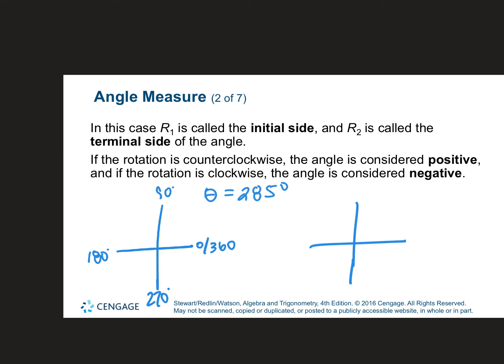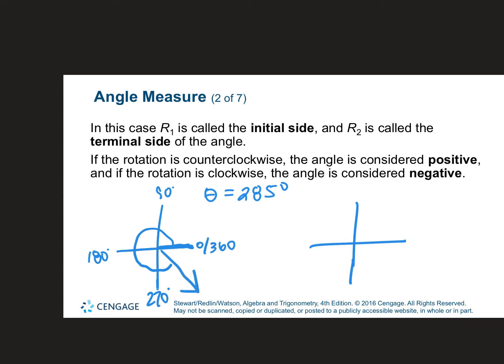Is that a positive number or a negative number? Positive. Do you see a negative in front of it? So you're going to start right here. The initial side is always right here, the positive part of the x-axis. And where am I going to go in between for 285? Good. I'm going to go all the way around, and it's somewhere over here between 270 and 360.